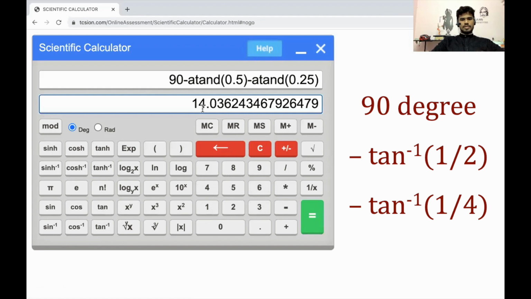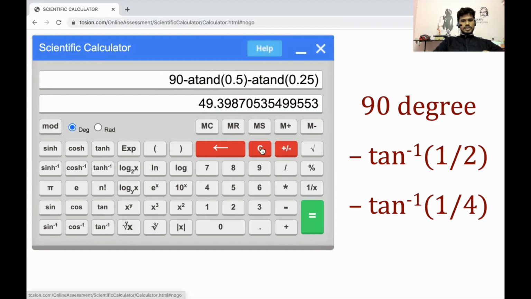Okay, and the value you are seeing right now is tan inverse of 1 by 4. To get the whole expression, press equal. See, the previous expression was tan inverse 1 by 4. Only if you press equal, this will be shown. Once that is shown, however many times you press equal, this expression is what you are going to see.